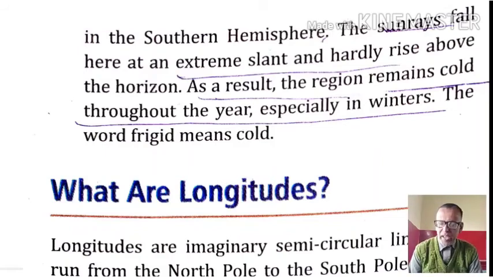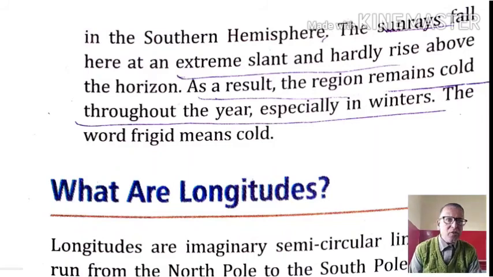In the same way, in the temperate zone the sun rays are not vertical, they start slanting and the temperature becomes moderate, neither too hot nor too cold.